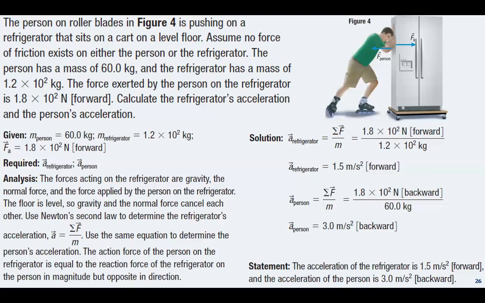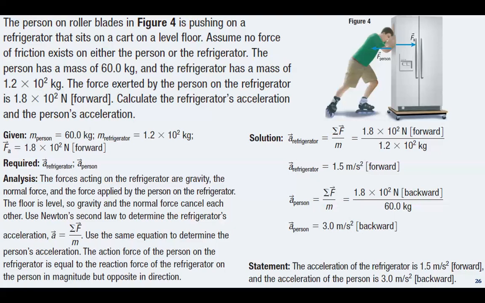Okay, so we can find the acceleration of the refrigerator using 1.8 times 10 raised to the power 2 newtons, direction forward, divided by the mass of the refrigerator, which is 1.2 times 10 raised to the power 2 kilograms. Then the acceleration of the refrigerator is 1.5 meters per square second with direction forward.